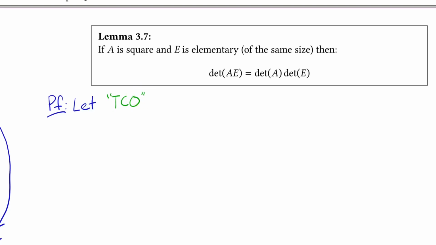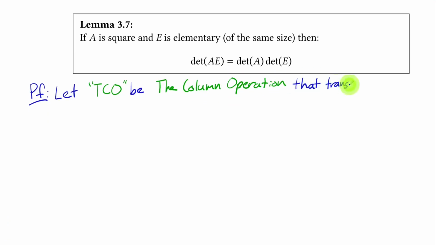TCO is my abbreviation for the column operation that transforms the identity to E. Every elementary matrix can be written as the result of doing some column operation to the identity to get that. Now, we know that that's also the operation that turns A into A times E. And we know it's the same one from Theorem 2.16.